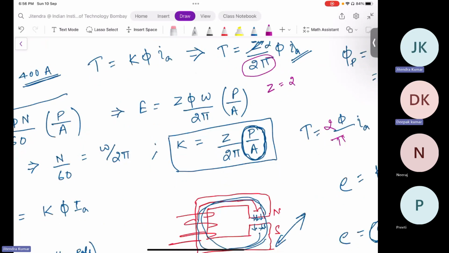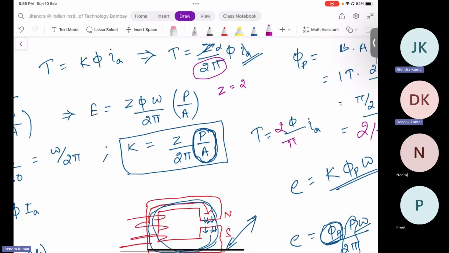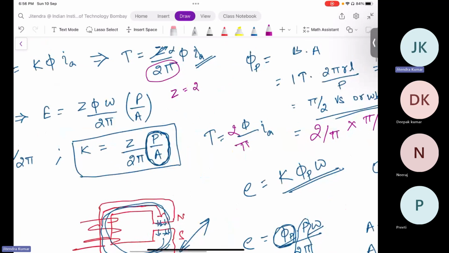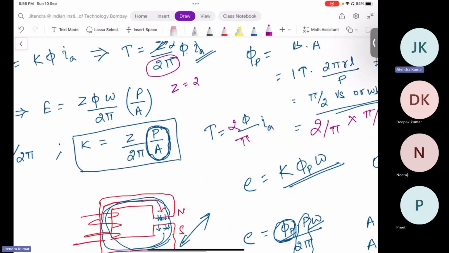Omega is equal to 2 pi n by 60. The 2 cancels, only 1 will remain, by pi. I think here I left one thing. Pi into P, and P is 2. That is why it should come out to be 2 by pi.